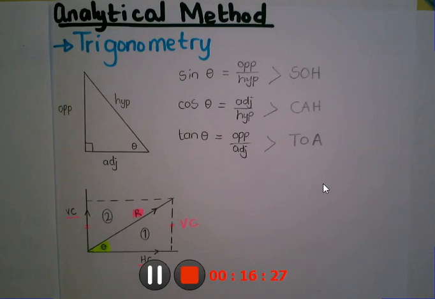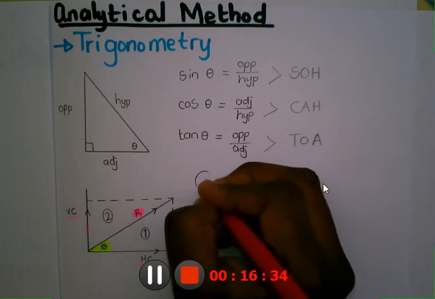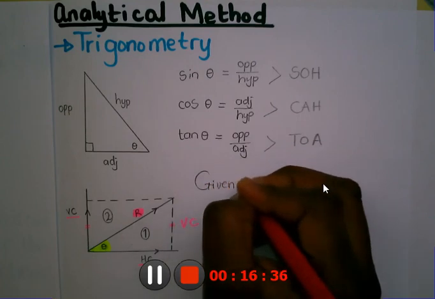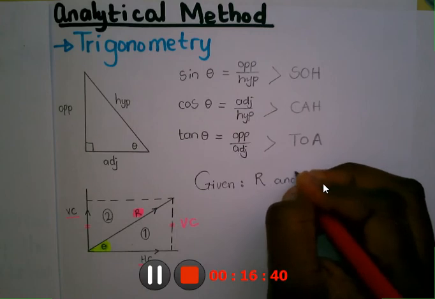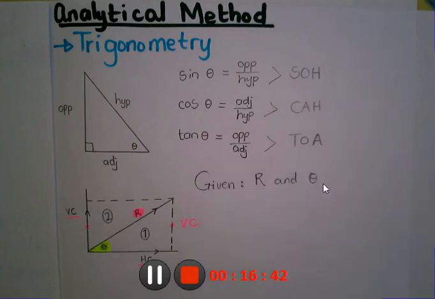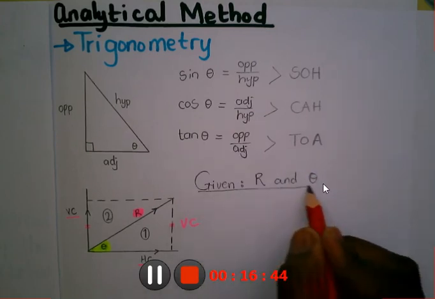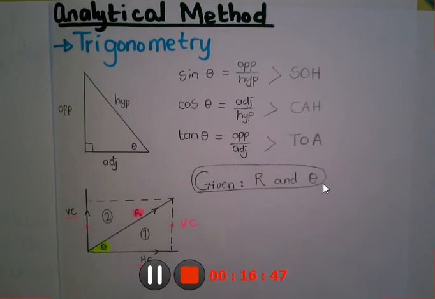if we want to solve for VC, remember you are given your resultant, which is the force, and theta, which is the angle. This is what you are given in the triangle.